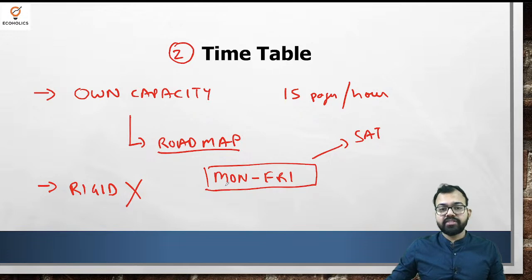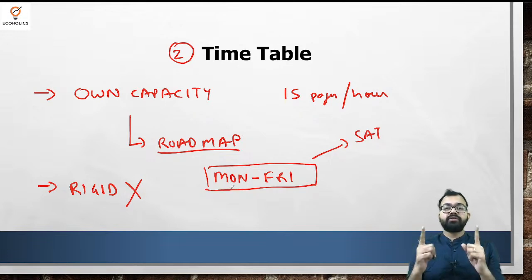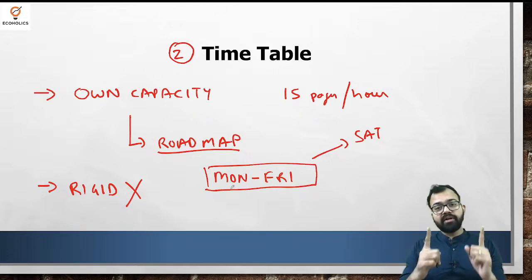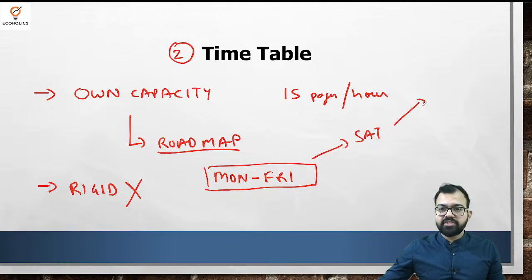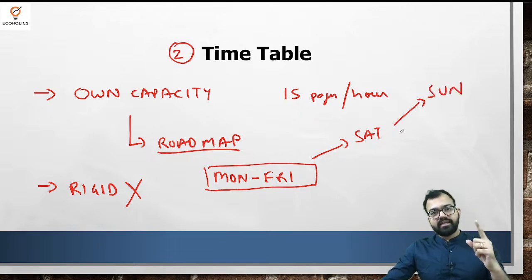Maybe suppose for example you are not able to complete your target of 5 days from Monday to Friday, go for Saturday. Okay, then the next thing is Sunday. So always remember, Sundays are for revision and test. That's it. Never study anything new on Sunday.